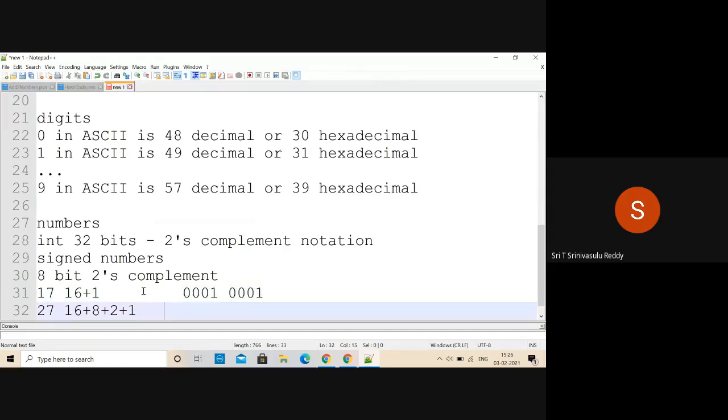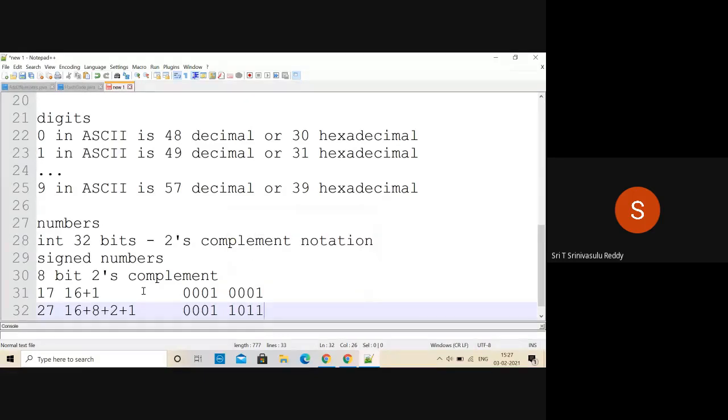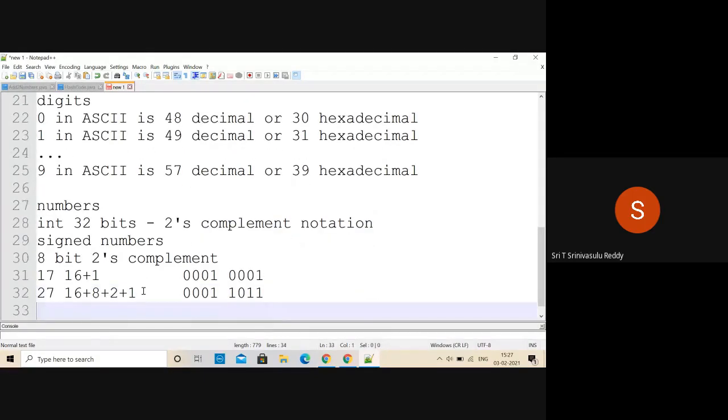We are representing in terms of powers. So in other words, 0001 1011: the 1 is 16, plus 8, 4 is not there, 2 is there, 1 is there. So this is the corresponding two's complement notation of plus 27.